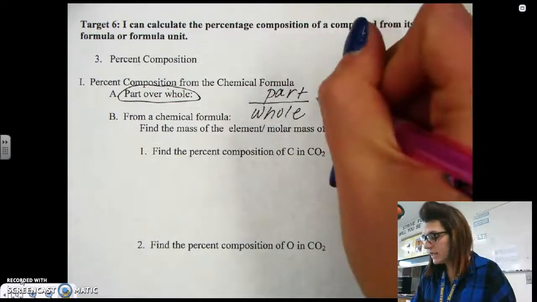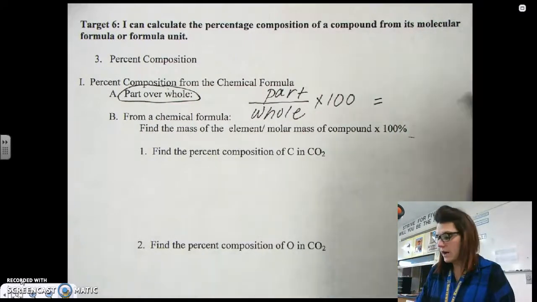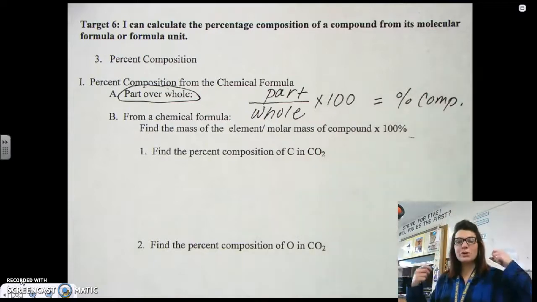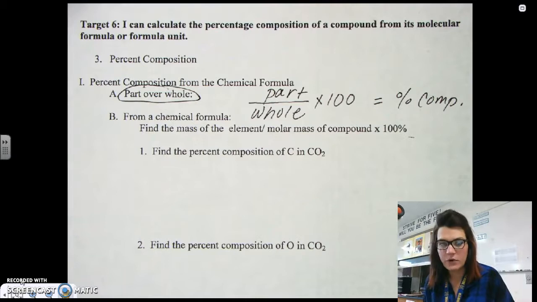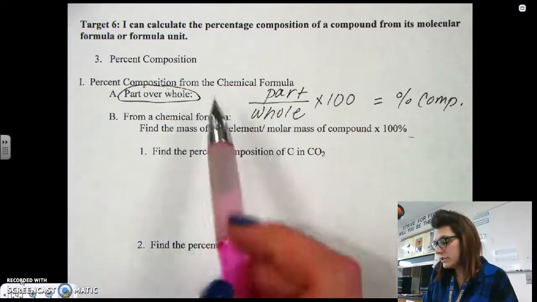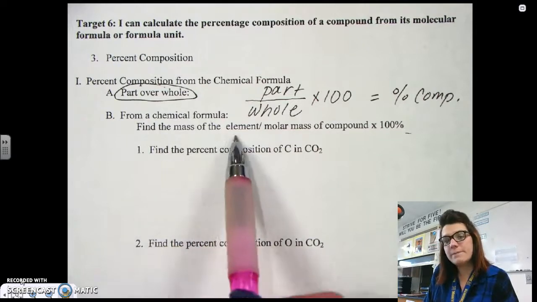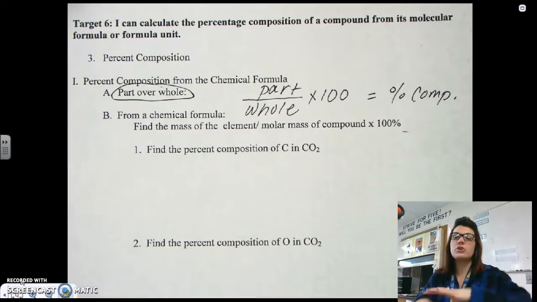And to get the percentage, I'm just going to multiply by 100. And that gives me percent composition. How much percentage does that thing make up of the entire thing? So to do this for a chemical formula, all I do is find the mass of the element divided by the molar mass of the compound, times 100, and that gives me percent composition.